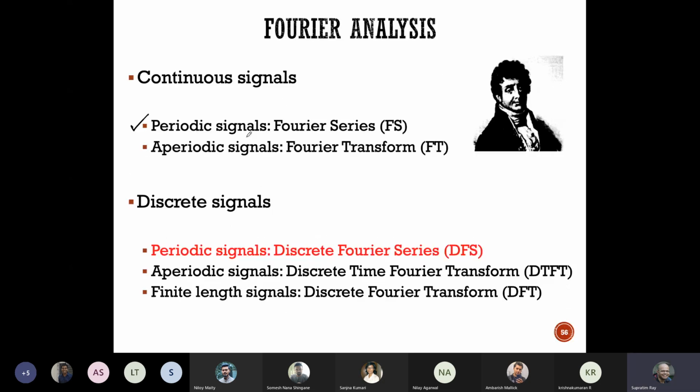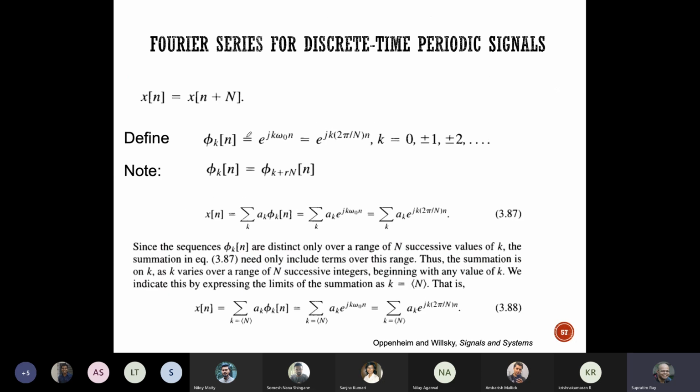So we're done with this. Now, very quickly, we are going to talk about the discrete version of the Fourier series, which is called the discrete Fourier series. This is for discrete time periodic signals, so we are now looking at signals in discrete time.